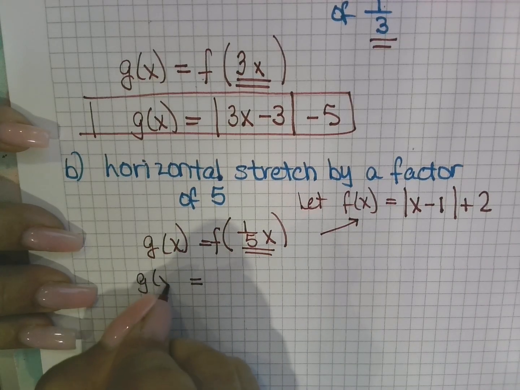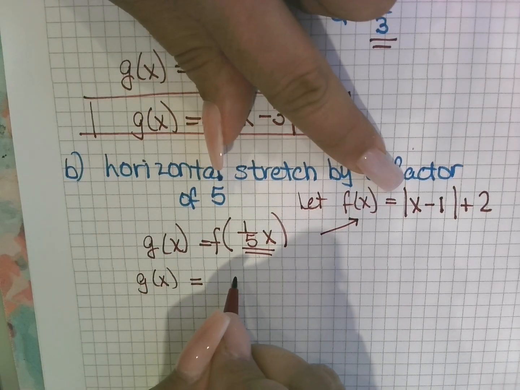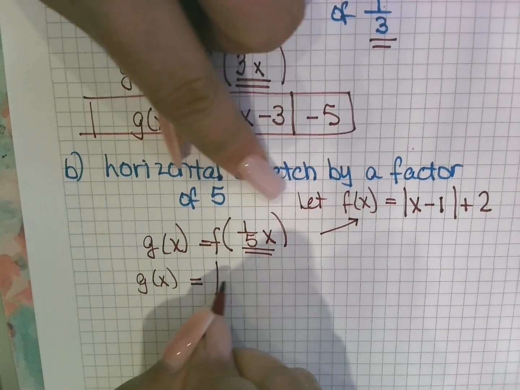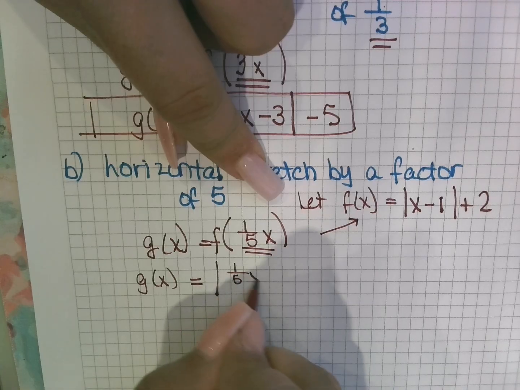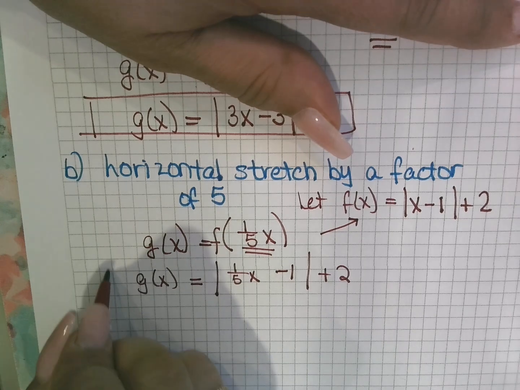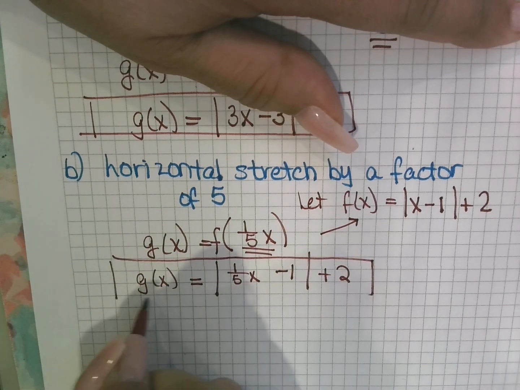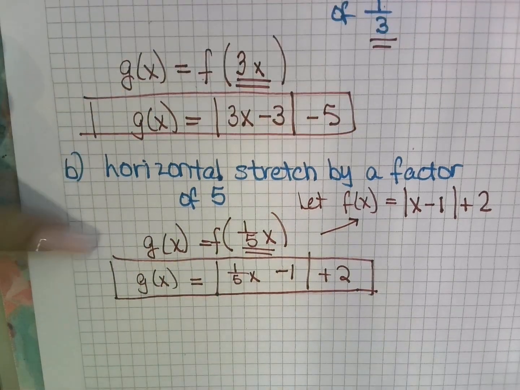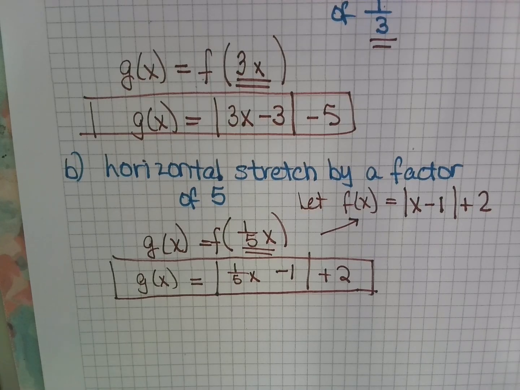So g of x equals absolute value, instead of x, we're going to put 1/5 x minus 1 plus 2. Alright, these are probably the trickiest ones to do. Horizontal stretches and shrinks, and horizontal translations, left and right, are the tricky ones because it's the opposite of what you think it should be.